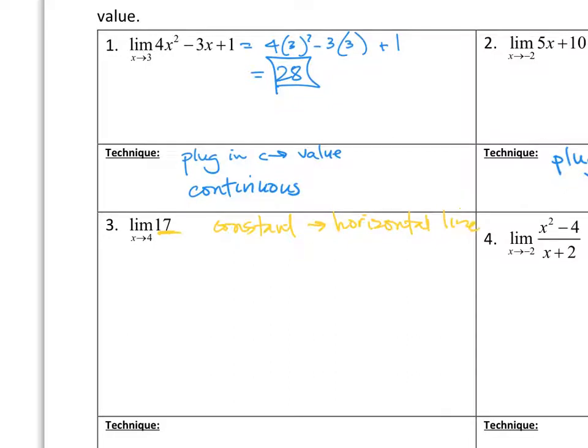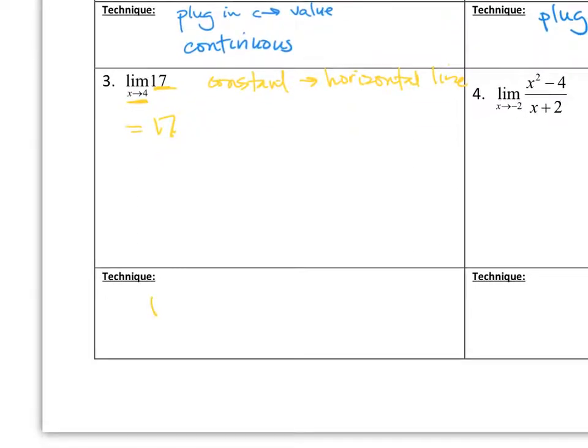So no matter what we are taking the limit approaching, it is always going to be that 17. In this case again, we plugged in c, and there's actually nothing to plug in, so it's always just the constant.